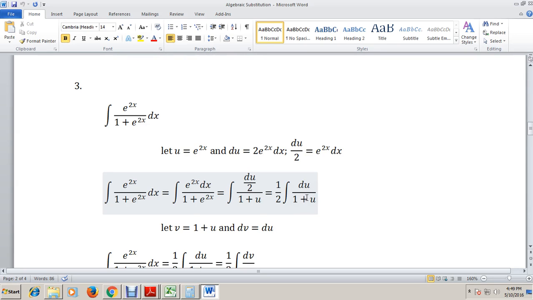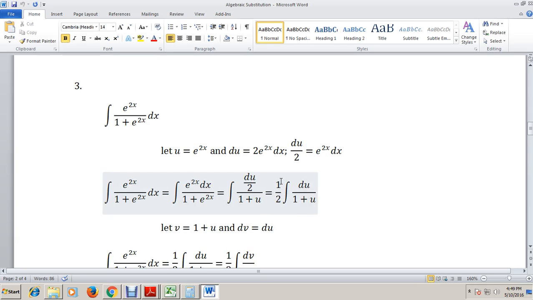Now, at this point, we need to realize that in order to perform the integral, we need to represent again 1 plus u in terms of v. Any other letter would do, but in this solution I have used v for the representation. Okay, so v is equal to 1 plus u, and dv is equal to du.